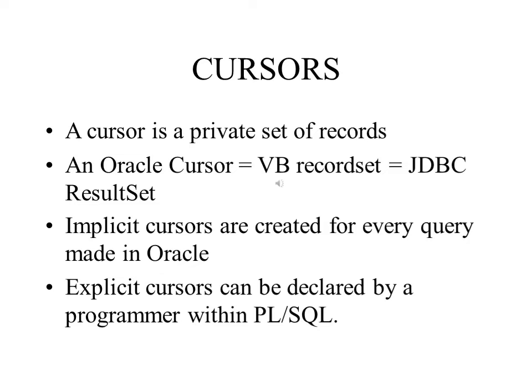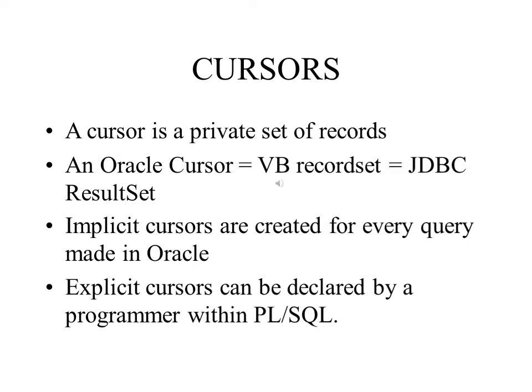A cursor is a pointer to this context area. PL/SQL controls the context area through a cursor. A cursor holds the rows returned by a SQL statement. The set of rows the cursor holds is referred to as the active set.